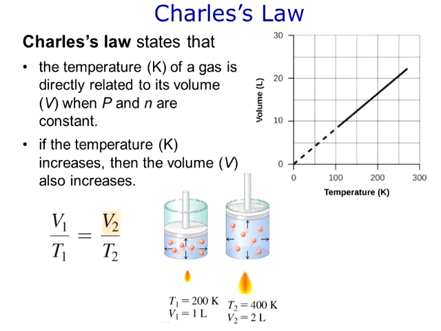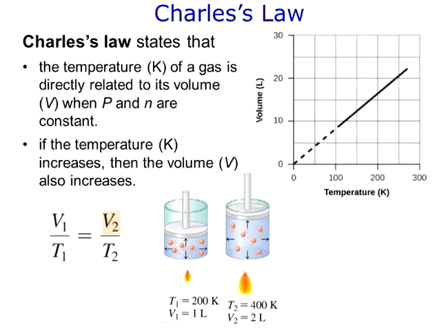So, when I think Charles's law, I only care about volume and temperature. I care about the first set of conditions for volume and temperature, and I care about the second set of conditions for volume and temperature. Therefore, if I see a graph involving volume and temperature, I know it's Charles's law regardless of which format it's in. Okay? Whether it gives me a straight line or it's drawn as a curve, if it involves volume and temperature, that's Charles's law.